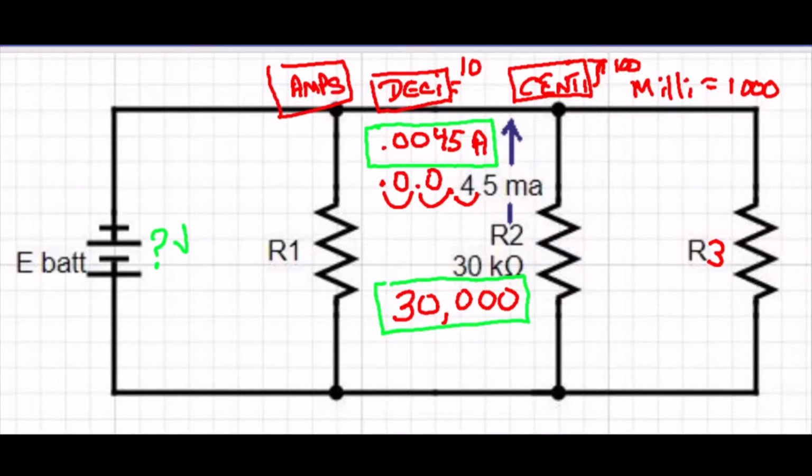Okay, so how do we do that? Well, let's think back to 2 weeks ago when we were playing around with Ohm's law. And if we state Ohm's law simply, it is voltage E equals amperage I times resistance, or R.